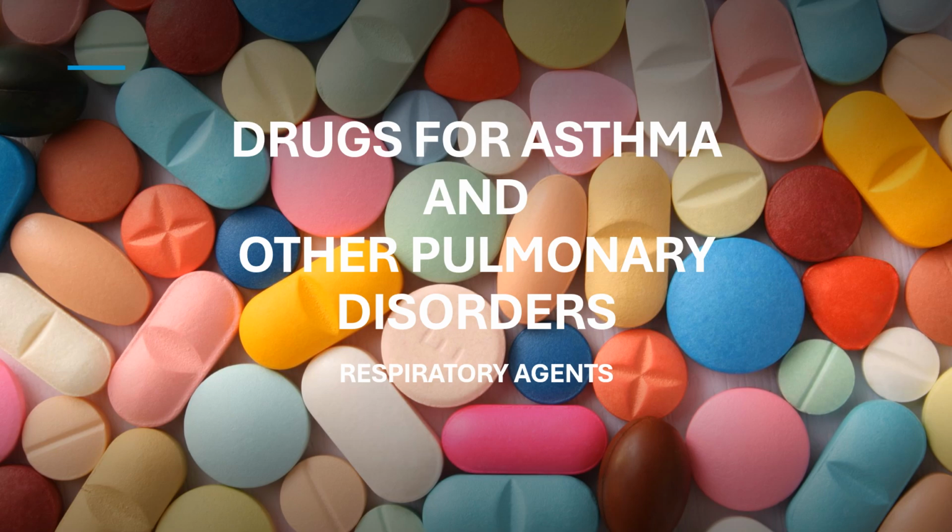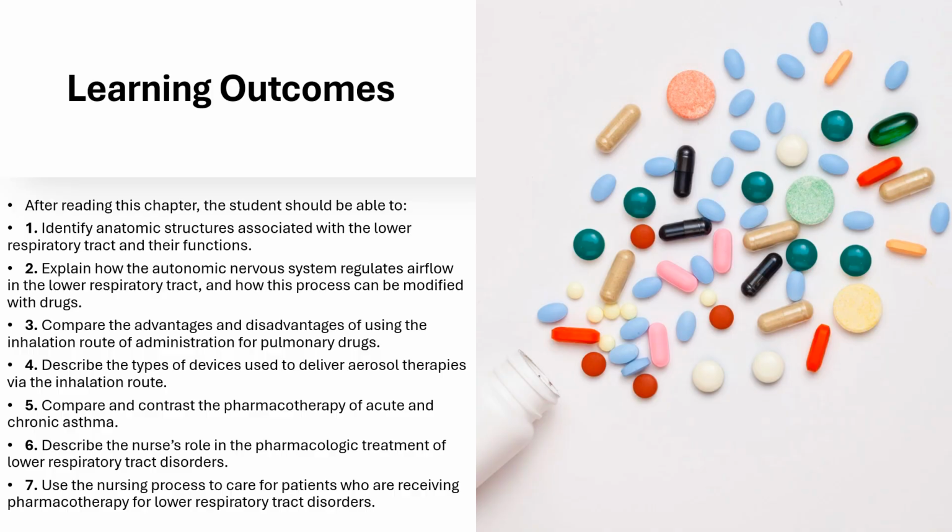For the second part of your respiratory tract agents, you'll have drugs for asthma and other pulmonary disorders. So, in this chapter, the student should be able to identify anatomic structures associated with the lower respiratory tract and their functions.